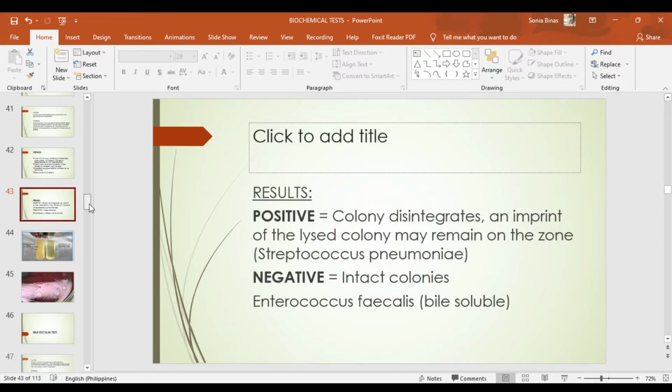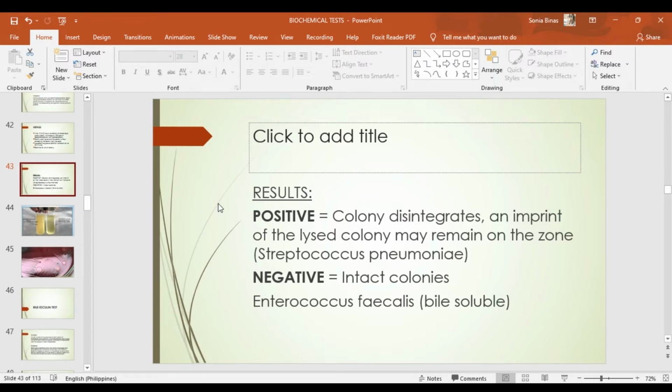So, the positive reaction, or the positive result, is that the colony disintegrates. An imprint of the lysed colony may remain on the zone of Streptococcus pneumoniae. Pero kapag negative naman, intact lang siya, or hindi maglalyse yung ating colonies.